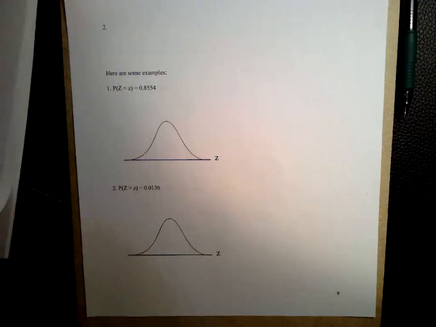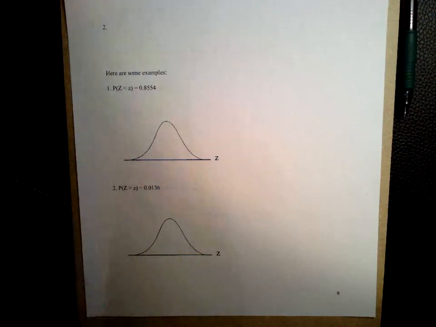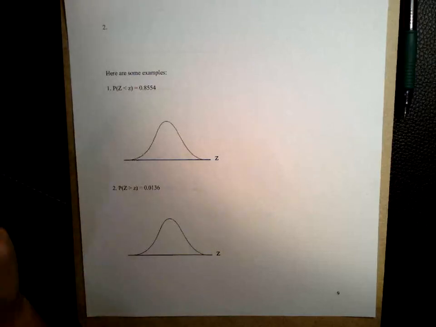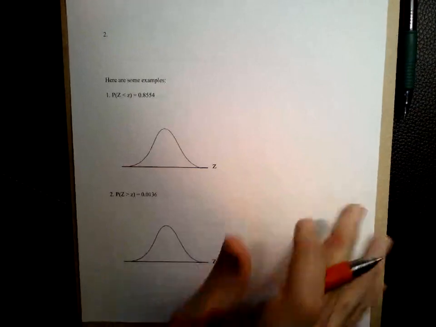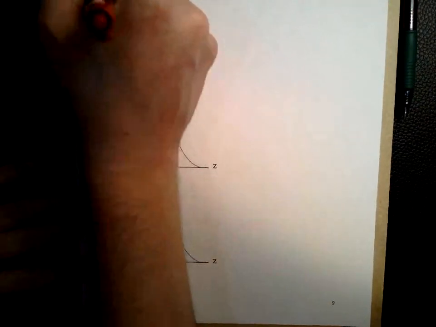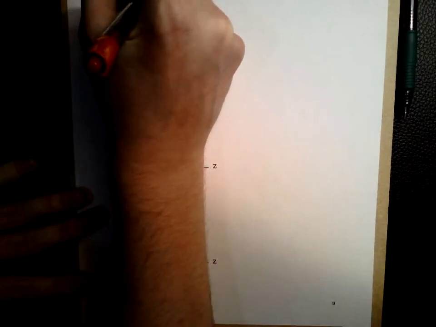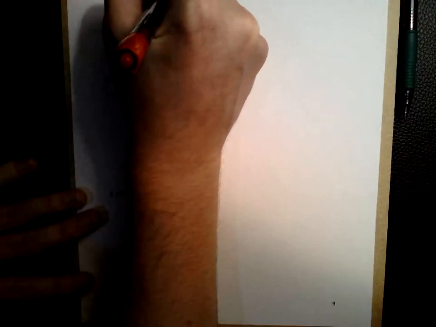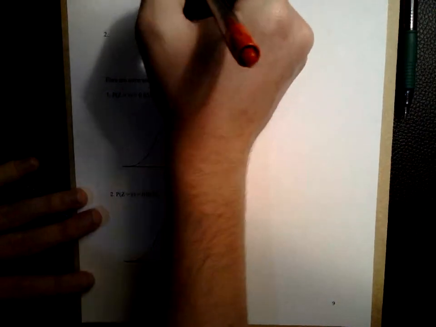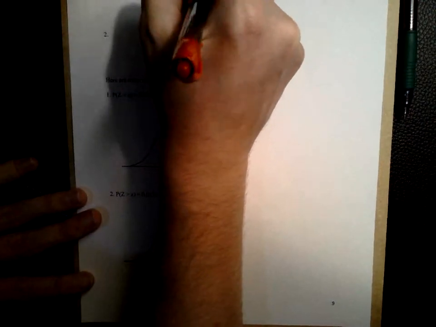Now, what if we're given a certain probability and we need to find the associated z-score? How do we do that? So this is kind of like reverse what we just did. The first step would be draw the z-curve and shade the appropriate region.